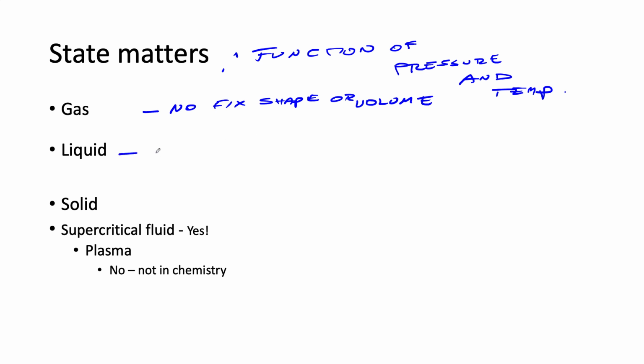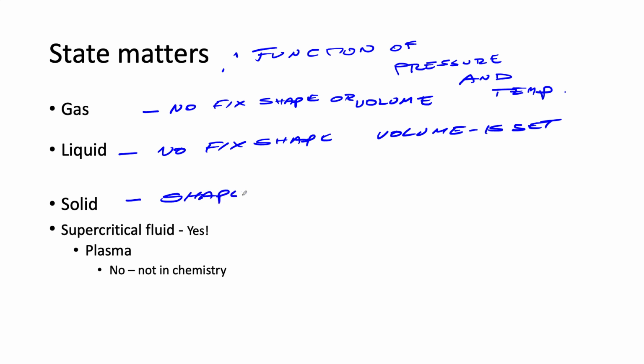Liquid has no fixed shape, or an indeterminate shape, but the volume does not change, is set, or is determinate. Solid, shape and volume cannot change.